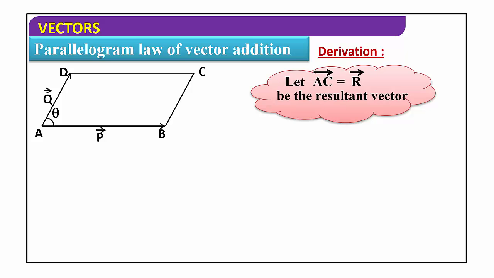So where do we have to consider the resultant vector in the parallelogram? We have to consider the resultant vector along the diagonal of the parallelogram, which is represented by vector R.